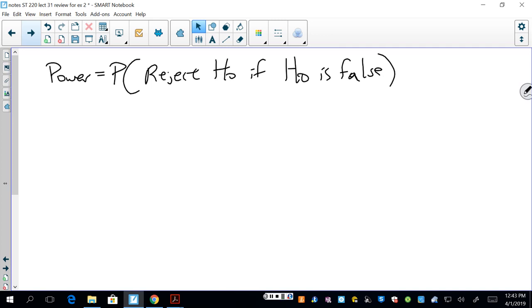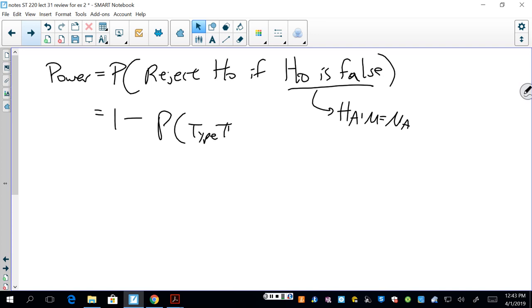And H0 being false means we make some specific choice for calculating it. And so the power is 1 minus the probability of that type 2 error, and the type 2 error is that we don't reject if it's false. That's sometimes written as beta.